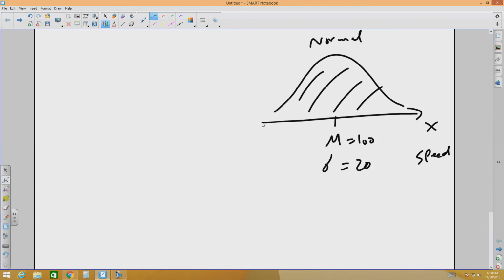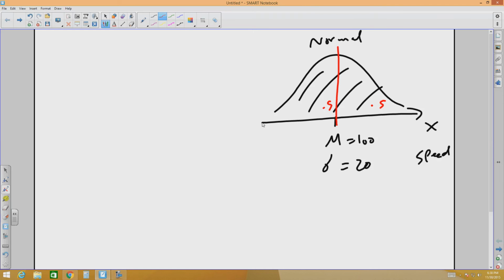Imagine you have a mirror in the middle, so the right side is exactly identical to the left side. If you fold this, they will coincide. So the area here is 0.5 and the area here is 0.5 because the total area is 1. The area on the right of the mean is half. The area on the left of the mean is also half.